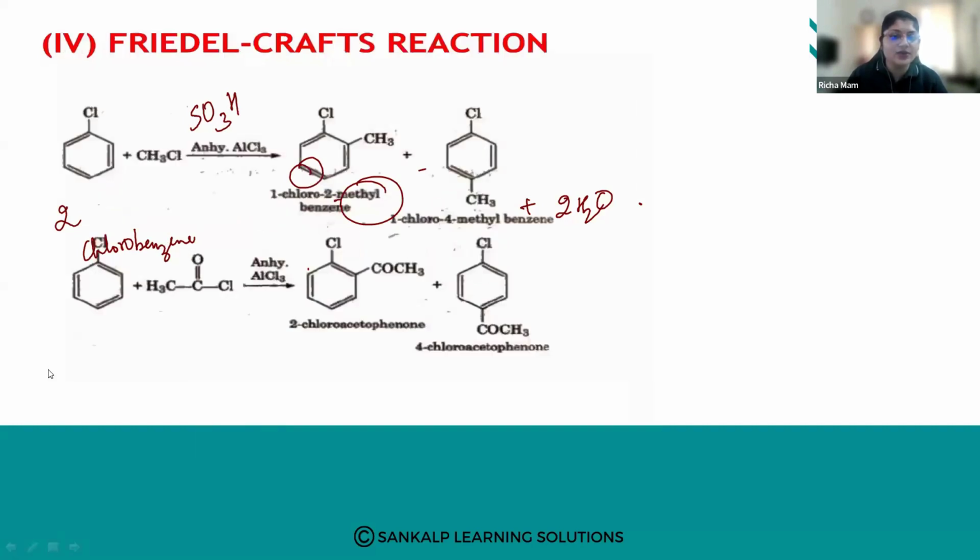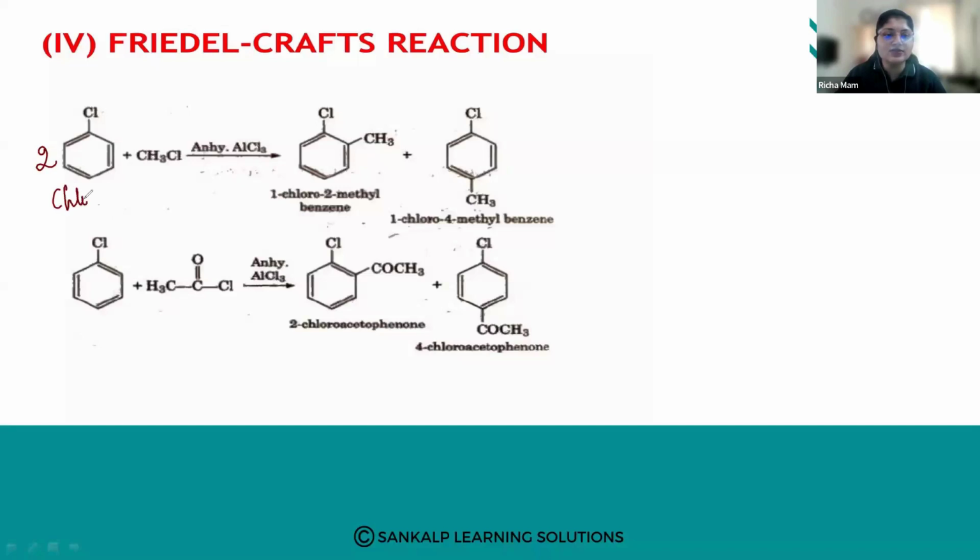Okay, next one is the Friedel-Crafts reaction. One is alkylation, another is acylation. So what is Friedel-Crafts alkylation? First one is the alkylation. We take two molecules of chlorobenzene in the presence of an alkyl halide, CH3Cl, then anhydrous AlCl3.